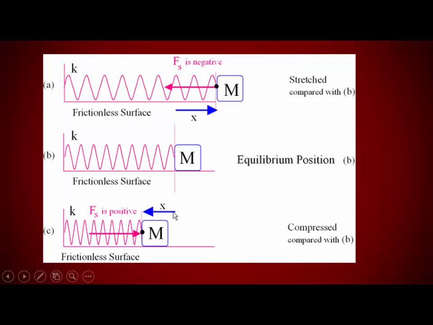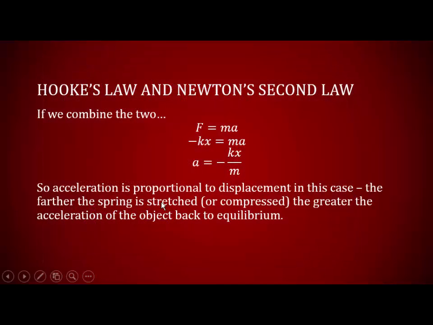So this distance, since it's going past where it started, would be a negative number, so that would make your spring force positive. I'm really more concerned with the fact that you understand that concept, whether or not your answers are actually negative or positive, but just know that that force is always going to try to pull it back to equilibrium.